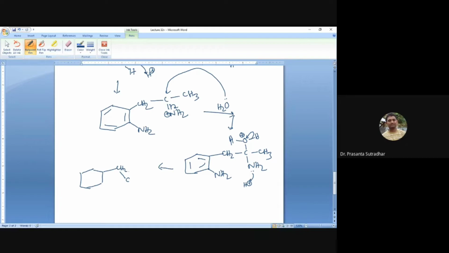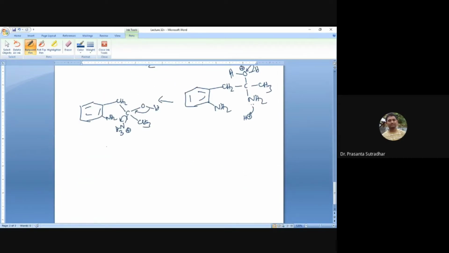There is one CH3, there is another NH3 plus, with this position there is an NH2 group. Now this will come over here and ammonia will leave from the structure, then we are getting this one.